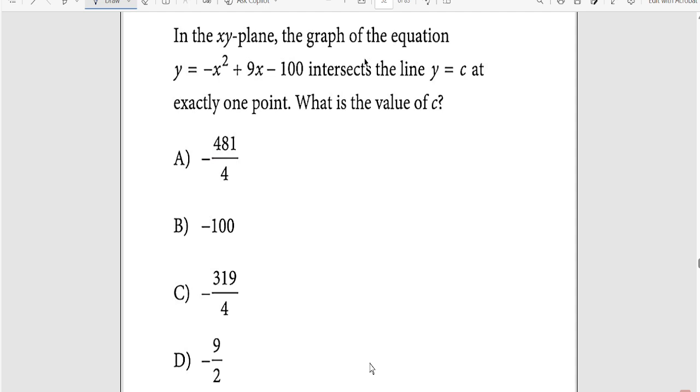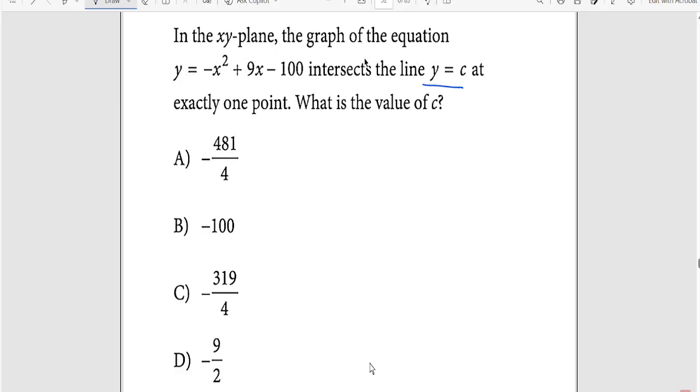In the xy plane, the graph of the equation intersects this line at exactly 1 point. What is the value of c? First of all I need to rearrange it in a proper way.